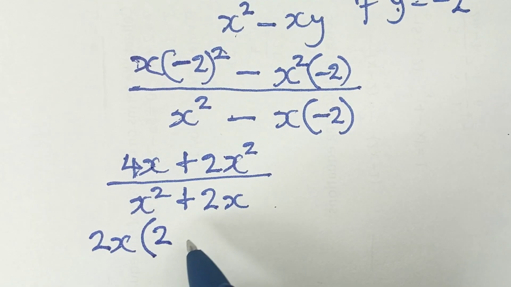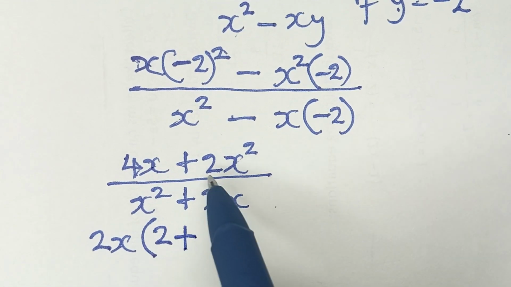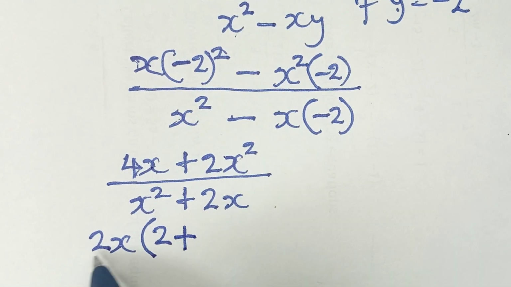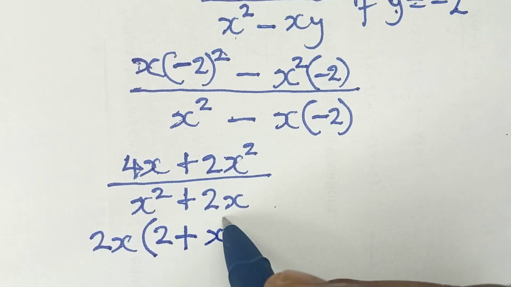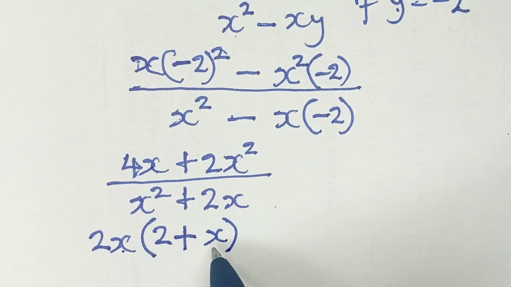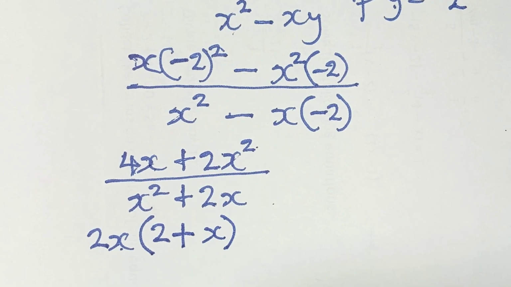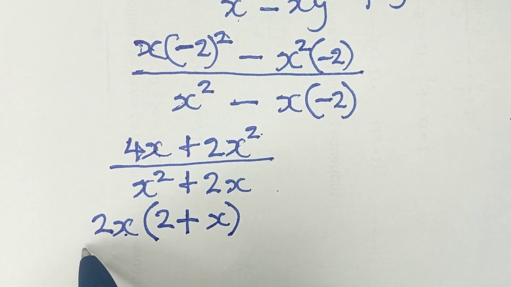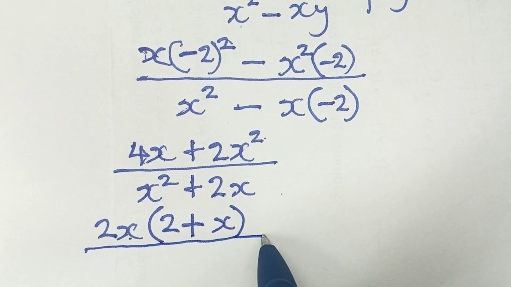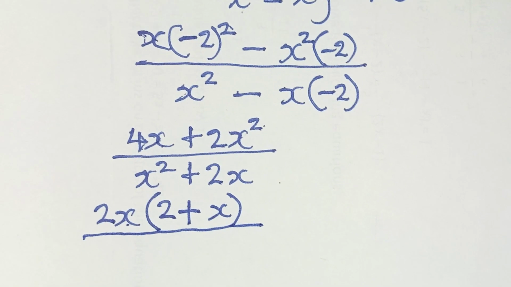And then plus, then 2x squared divided by 2x, we're going to be left with only x. So that 2x squared multiplied by x will take us back to 2x squared. And then don't forget, we also do the same to the denominator.